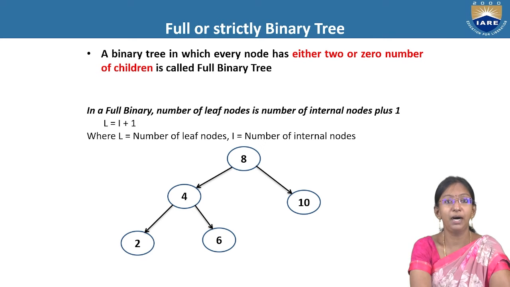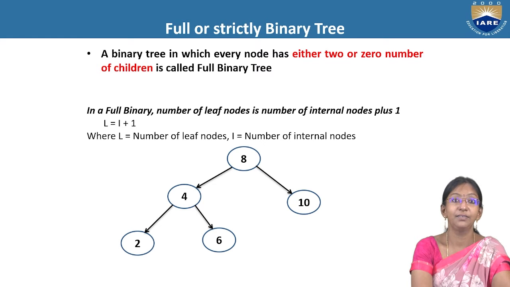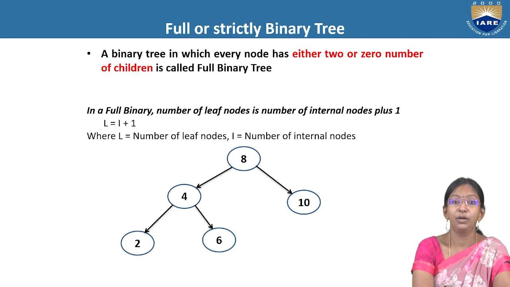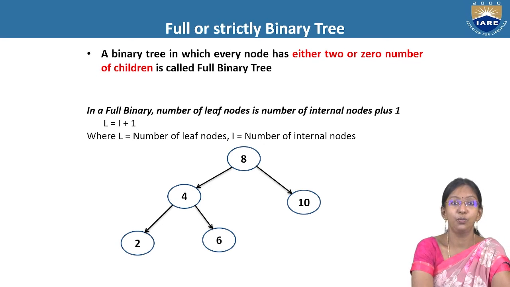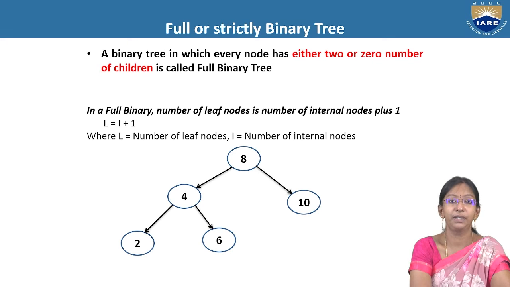That is, they have barred the condition saying that they can have 1 child, right? What they have said, a binary tree can have a maximum of 2 children. That is, it can have either 0, 1 or 2. If you revoke the point of 1, then you are left with 0 and 2. It is nothing but a full or strictly binary tree.